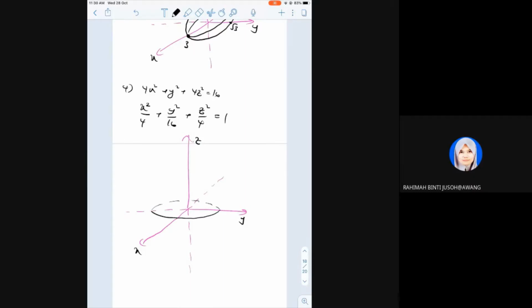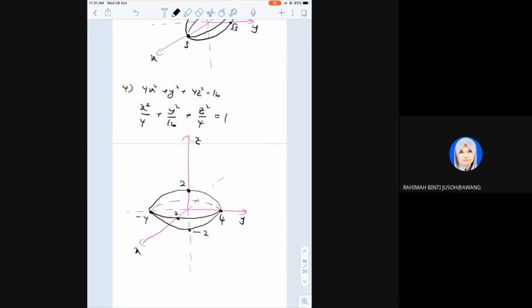Lepas tu you buat atas. Lepas tu you buat bawah. Macam tu. So here should be 4. Up here is square root 4 is 2. And at the front should be square root 2 lah. Okay. Bawah ni negative 2 lah of course. Ni negative 4. Alright. So settle on ellipsoid.